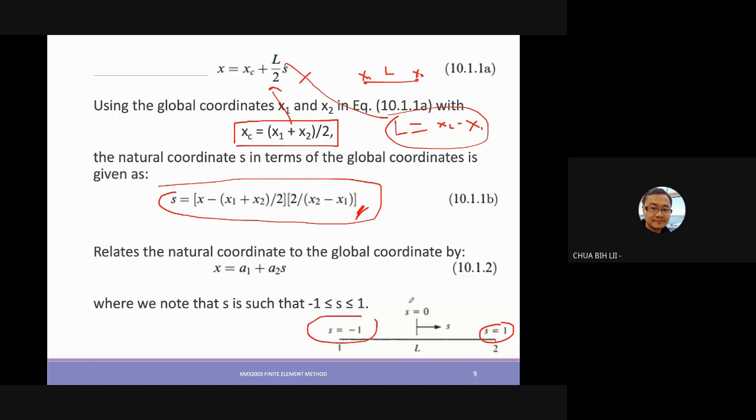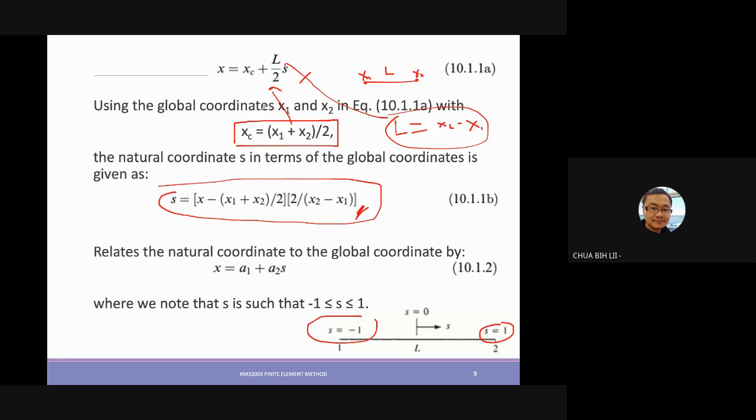So that's why, in terms of isoparametric formulations, it's much easier for the program to compute. They just put s equals 1, s equals -1. They don't have to keep looking up the location and the coordinate to do the computations.